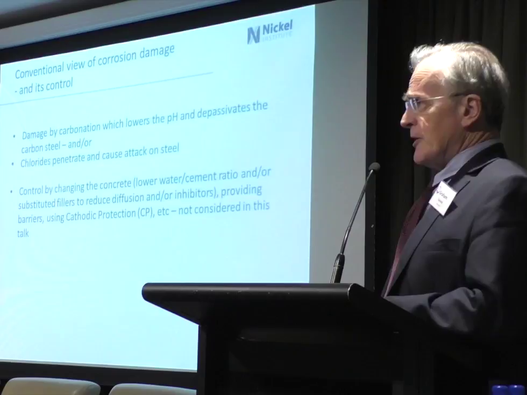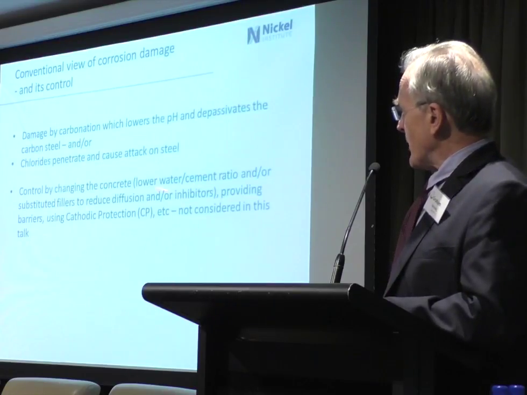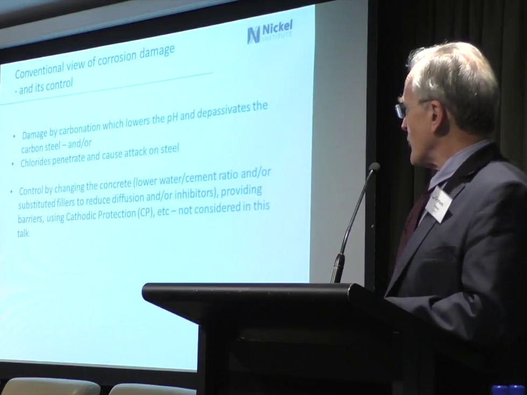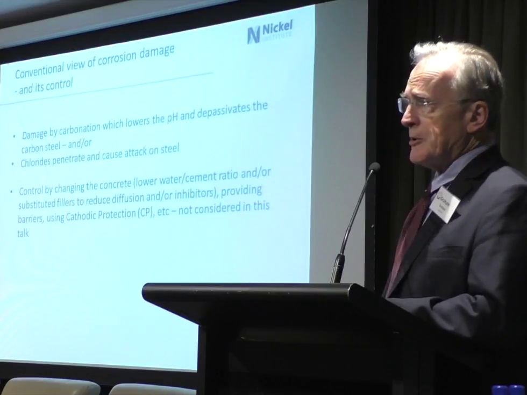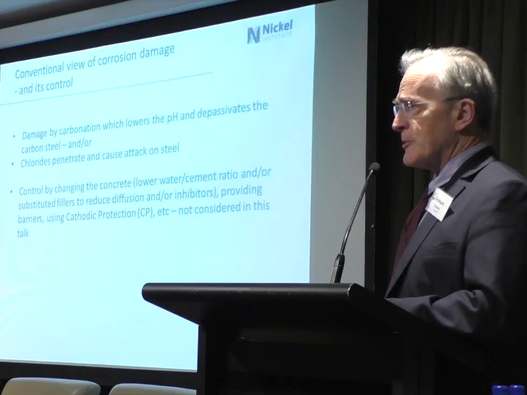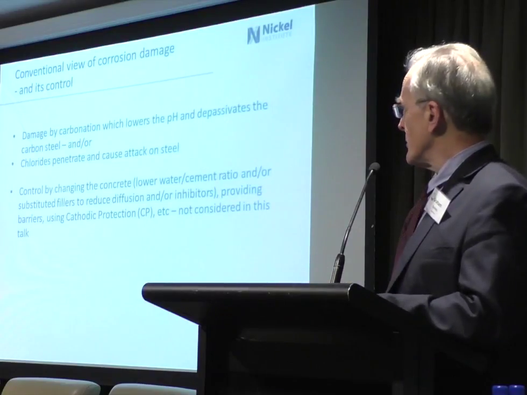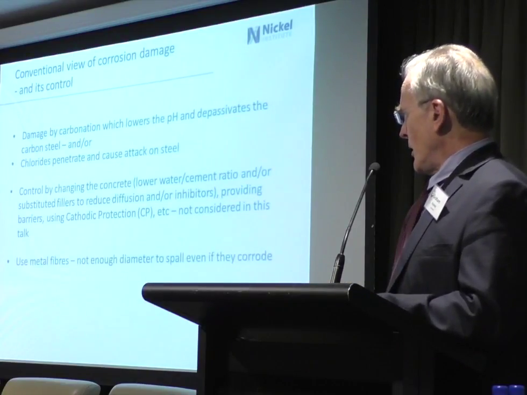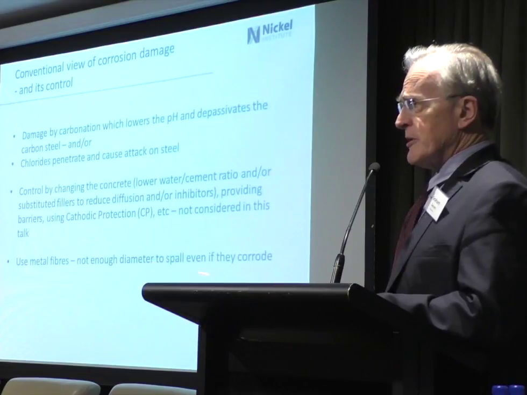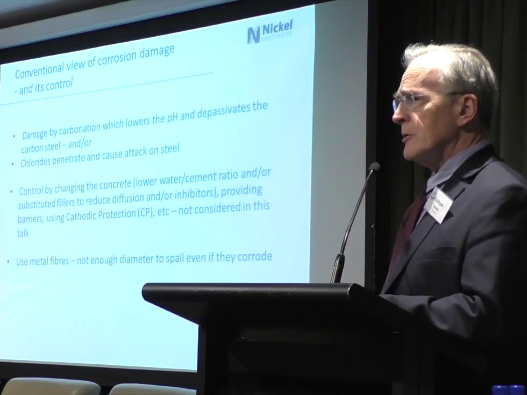You can control it, and that's a lot of what we've been talking about, or other people have been talking about: changing the concrete, adding inhibitors, applying cathodic protection, all sorts of bits and pieces. I'm not going to talk about that at all. I suppose you could use metal fibres, and we haven't talked about that at all.